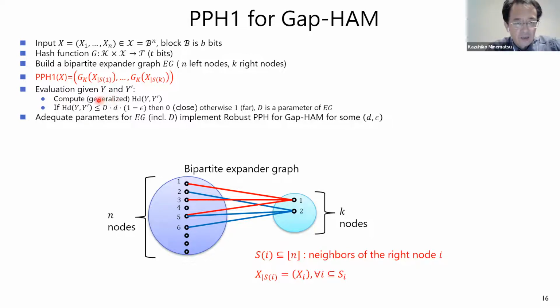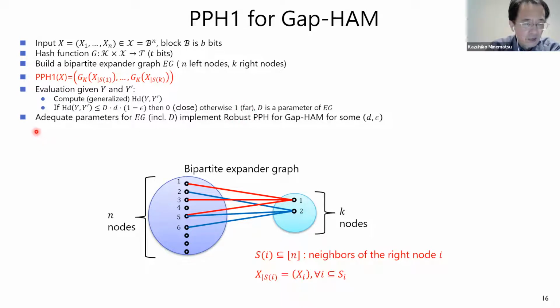To evaluate the gap Hamming predicate given two hashing values, it just computes the generalized Hamming distance between the two hashing values. And if this Hamming distance is smaller than a certain threshold, where large D is a parameter of the expander graph, and small d and epsilon are parameters of the gap Hamming predicate, then it outputs 0, meaning that they are close, and otherwise 1, meaning that the inputs are far.